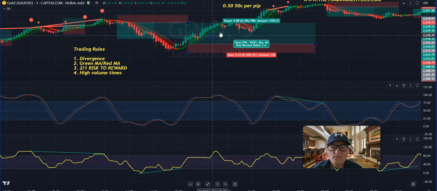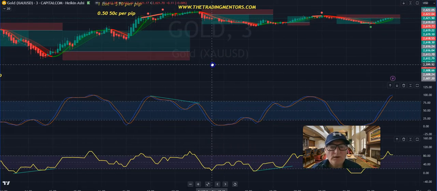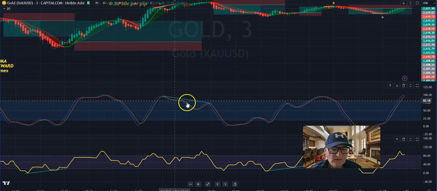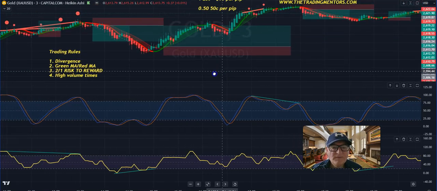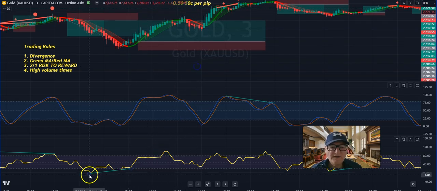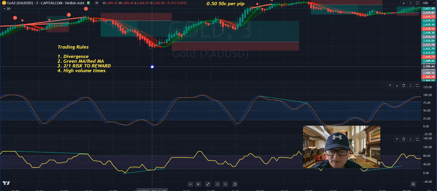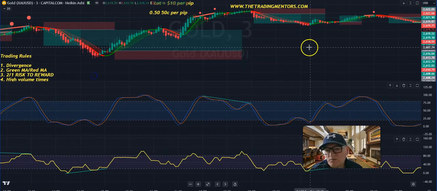So what I've got here, part of the Get Funded program, is the stochastic special settings, and I also have here the money flow index. The money flow index is a really clever way of getting into divergence much earlier than is often recognized.